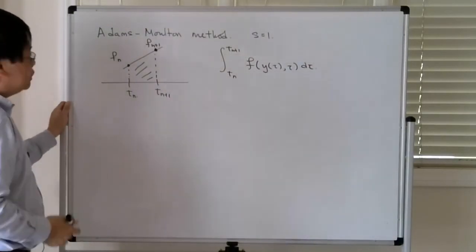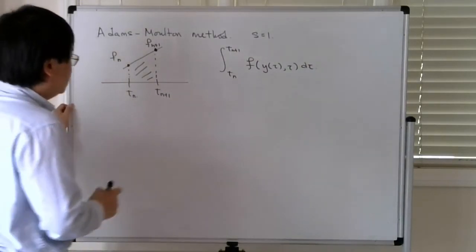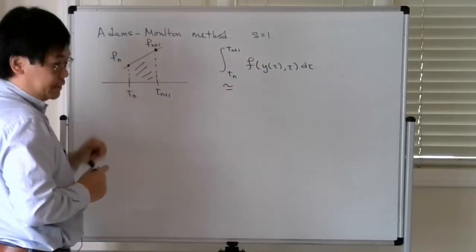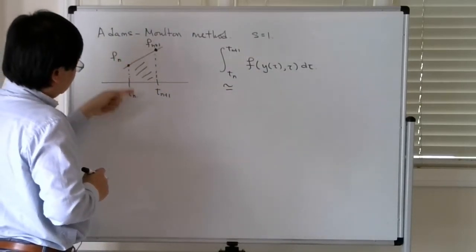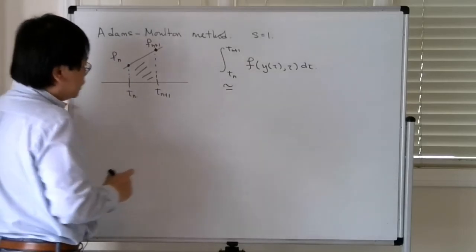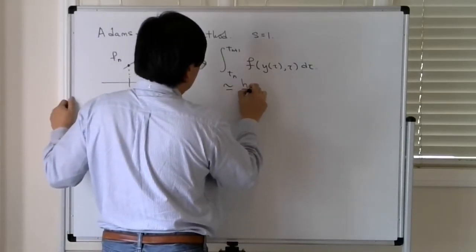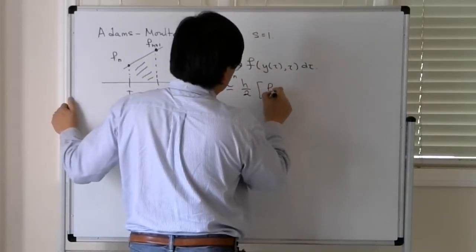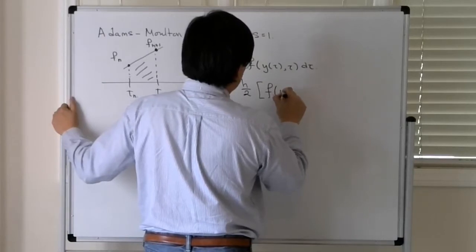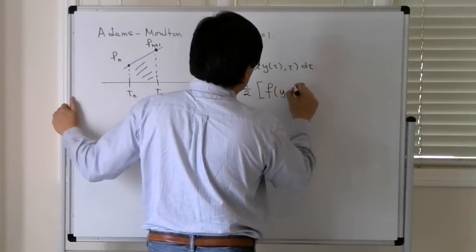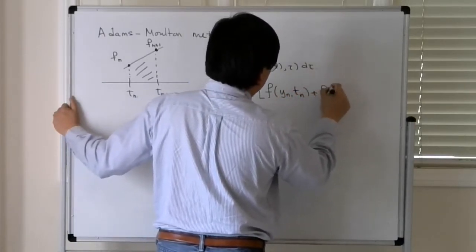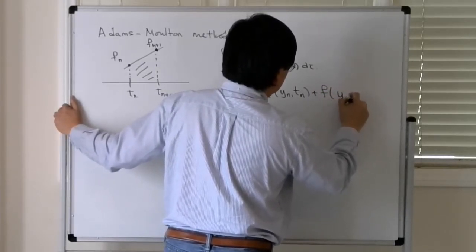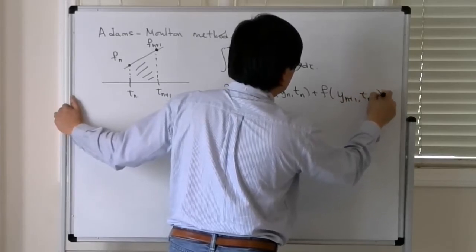So here it should be fairly clear what you need to do. This is clearly approximable by the area under the curve, given by this trapezoid. So you can just write down the trapezoidal approximation: f at yn tn plus f evaluated at yn plus 1 tn plus 1.